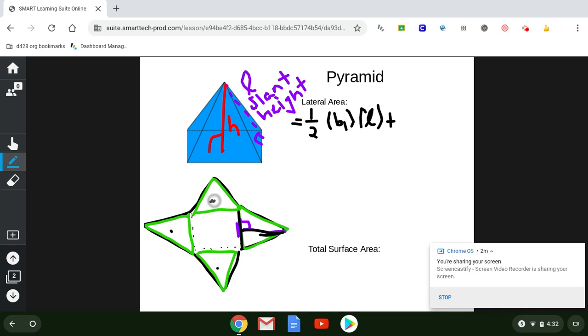So this one's going to have base 2, so 1/2 base 2 times the lateral, and then I have to add the third triangle, base 3.